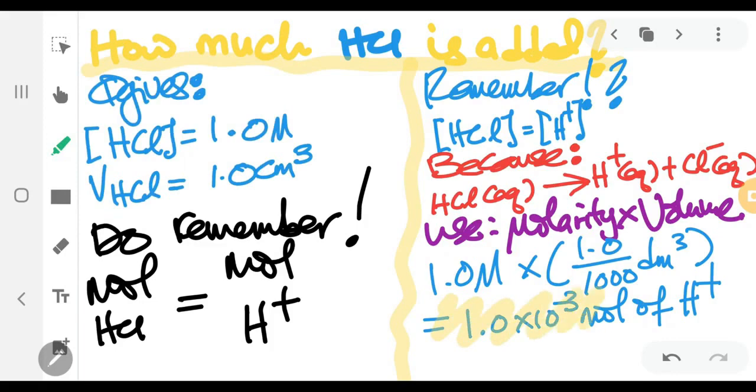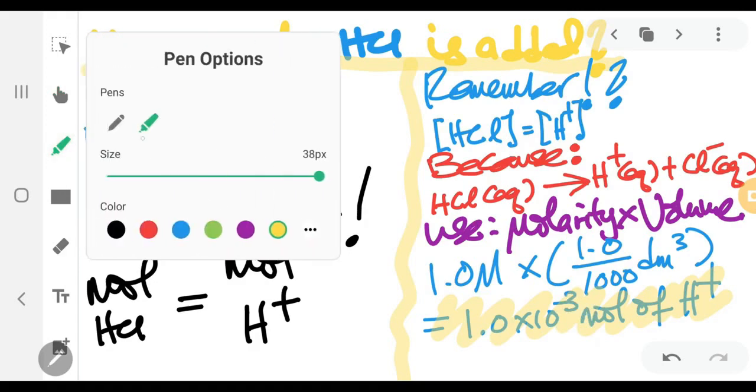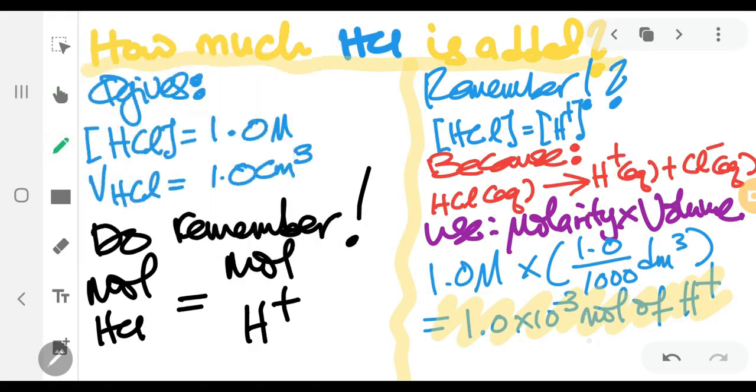This is a very important piece of information because we're going to put this into your IACF table later on to find out the final mole of your conjugate acids and your weak base. So by doing this, you will get 1 mark.